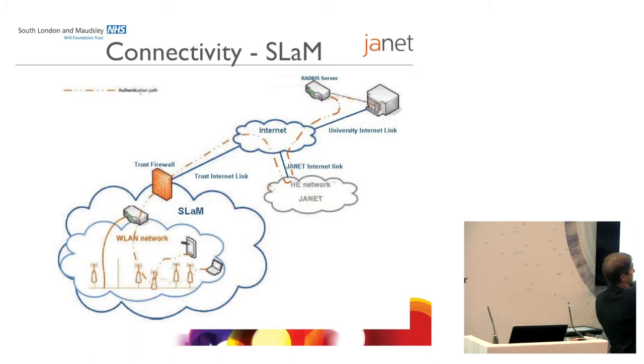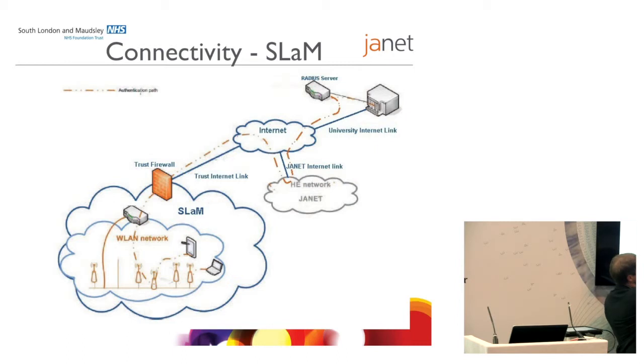The other thing that's been added here is a Radius server within South London and Maudsley that authenticates against our Active Directory account creation. So it's real time, and it reduces the administration overhead of having to share your user accounts with universities providing you with that Radius authentication.